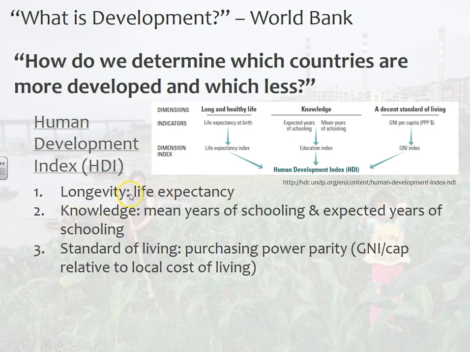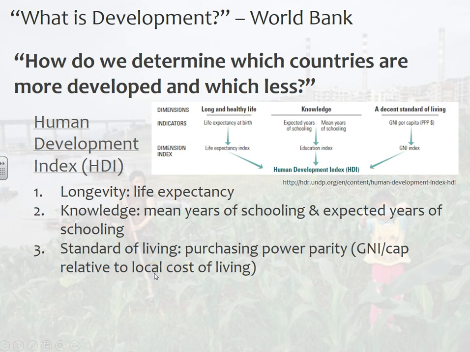It includes life expectancy, it includes the mean years of schooling and expected years of schooling, so that's sort of knowledge, and then also your GNI per capita, so gross national income per person, in purchasing power parity numbers. Again, this was mentioned earlier. Purchasing power parity just means it adjusts your income to the local cost of living.